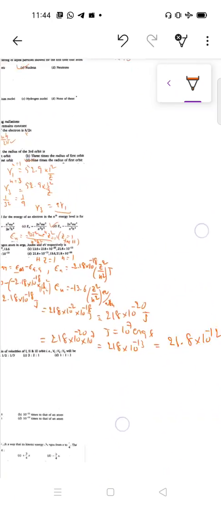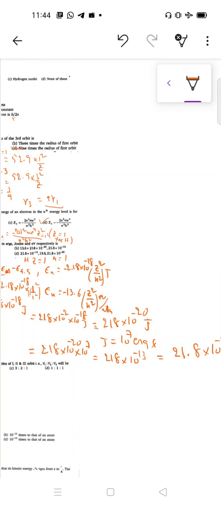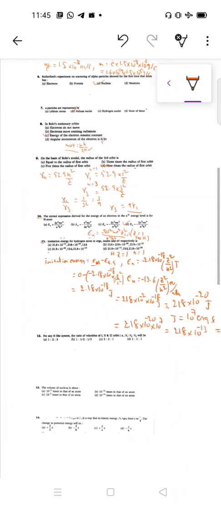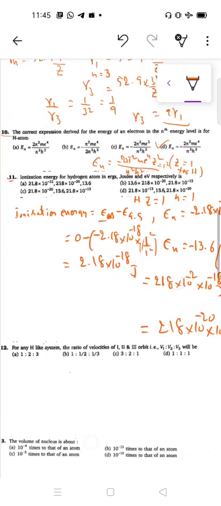Next, you may write it in electron volts also. Same philosophy. 0 minus minus 13.6 into Z square by n square.